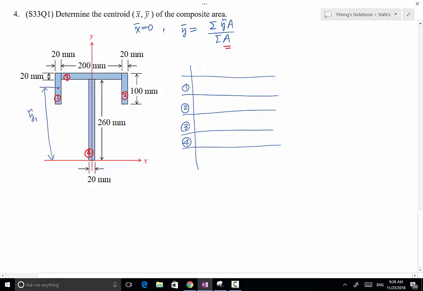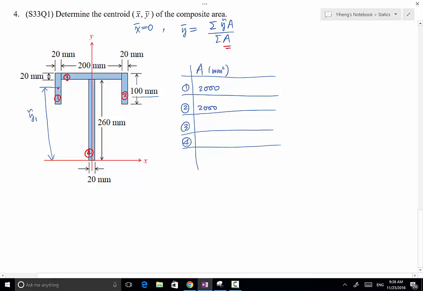And for the first column, we're going to calculate their individual areas with a unit of millimeter squared. For area number 1 and 2, they are the same. They have a height of 100 millimeter with a width of 20 millimeter, so that is 20 times 100, 2000 millimeter squared.